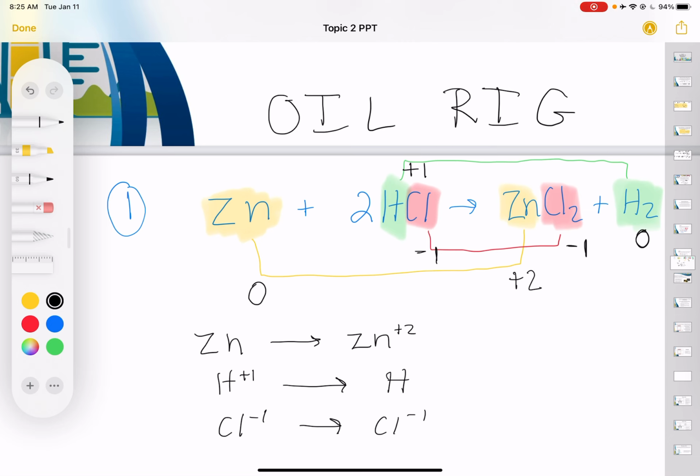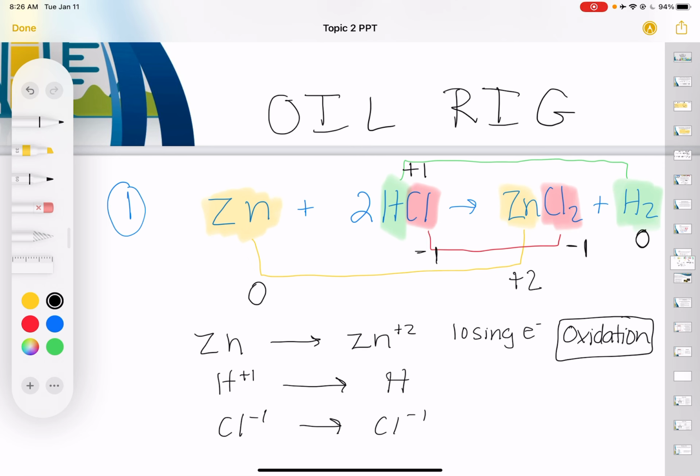So if it's becoming more positive, it normally would lose electrons, okay? So you're becoming more positive from 0 to +2. So we're losing electrons. So when you lose electrons, that's oxidation. Okay.